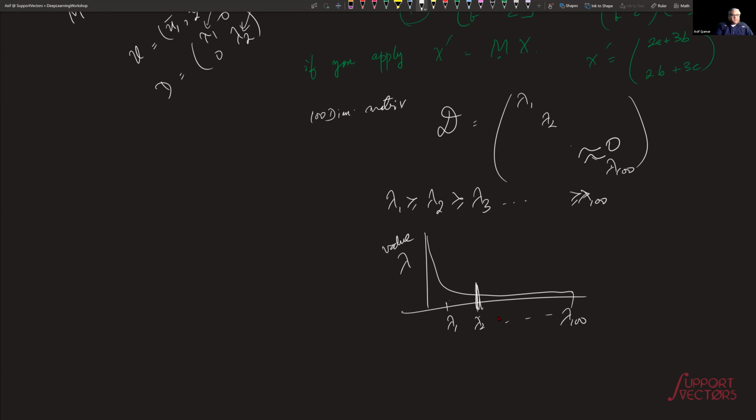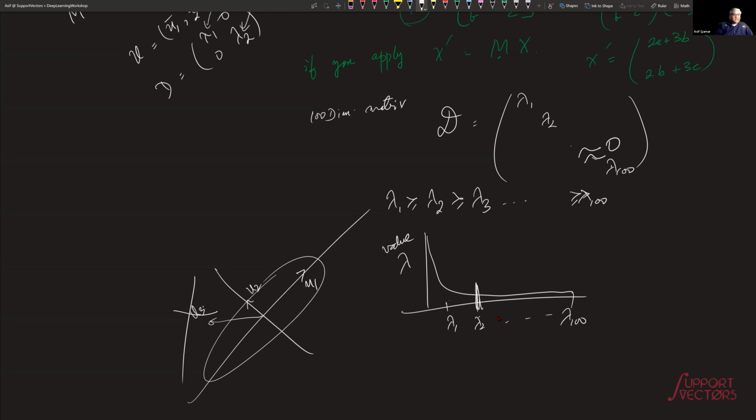So when you truncate it, what it means is that when you have an ellipsoid, you may choose to keep only U1, maybe keep U2, but let's say there is a U3 perpendicular to all of that. You may say, I'm not going to care about the U3 direction.